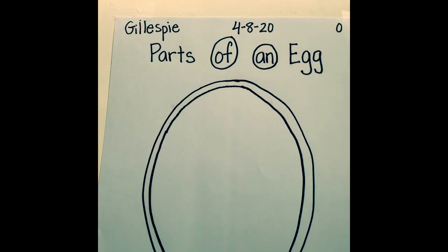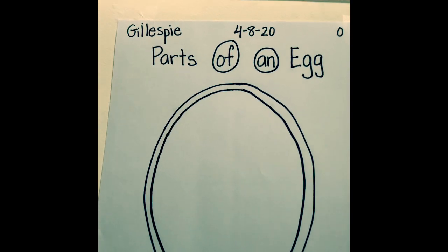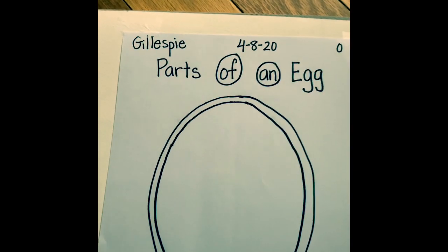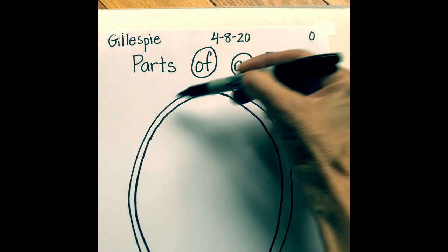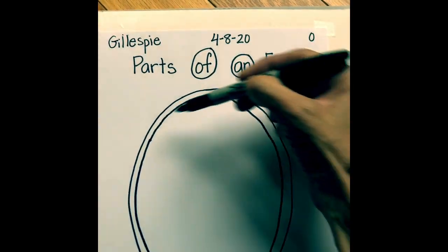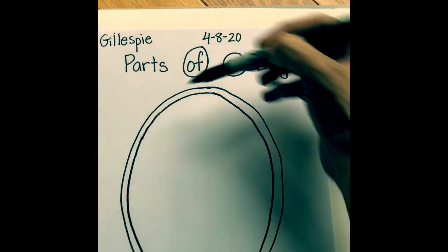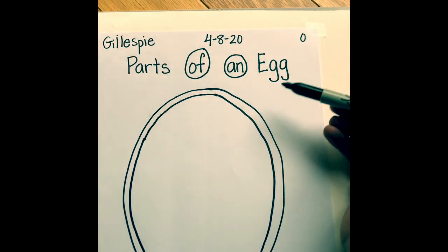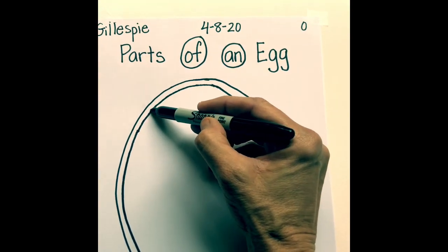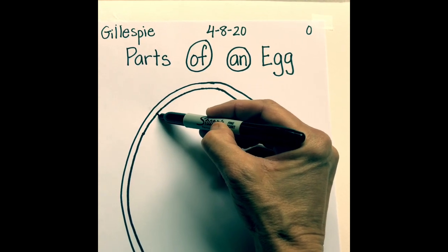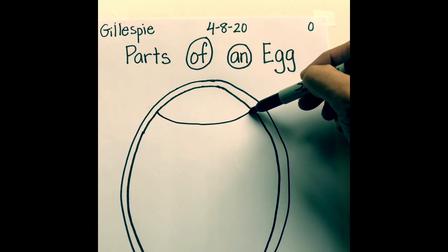Okay. Now, every egg has an air cell, and that's usually at the big end of the egg, the sort of rounder, fatter part of the egg, not the narrow part. So we're going to go from the left side and make a nice curved line to the right.